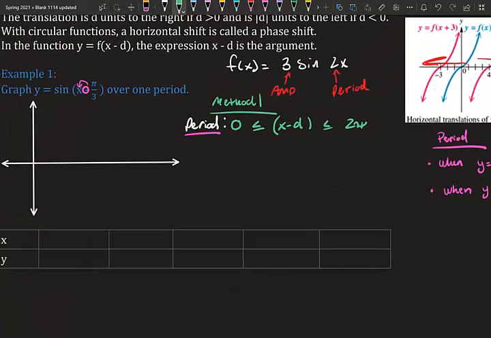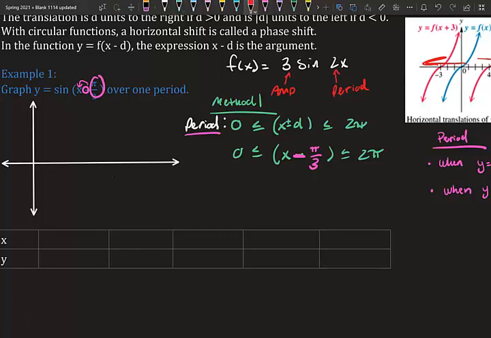Let's plug this in to find our period. We have 0 less than or equal to x minus, less than or equal to 2 pi. The d itself is the number that's being subtracted or added to the value, so it would be pi over 3. Since it's negative pi over 3, that's why we put negative pi over 3. Remember, the formula is plus or minus. From here, we just solve for x.